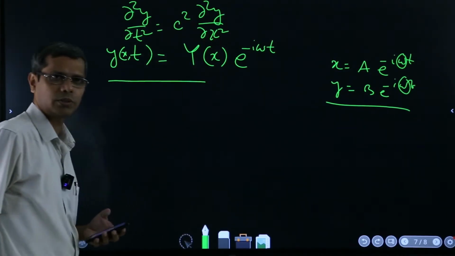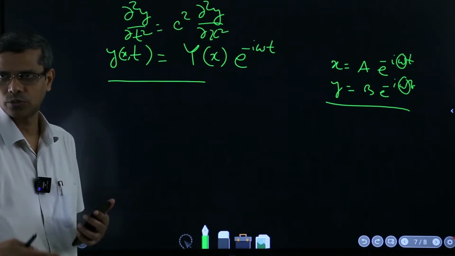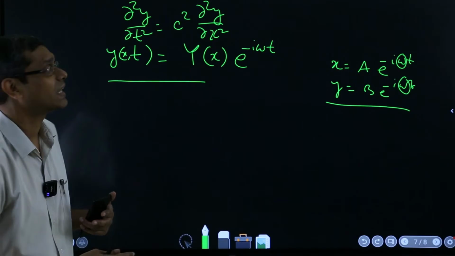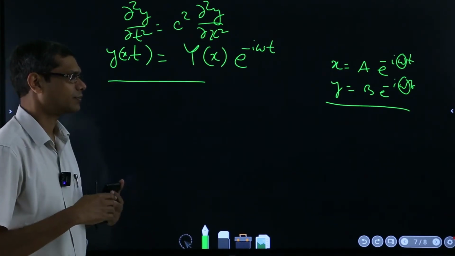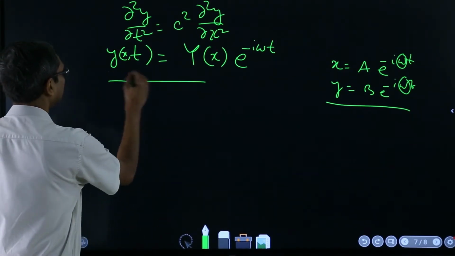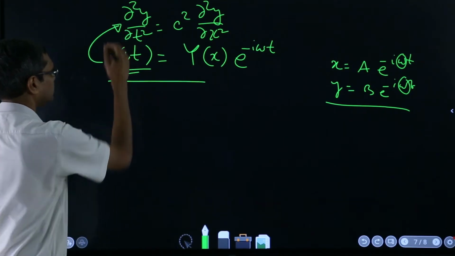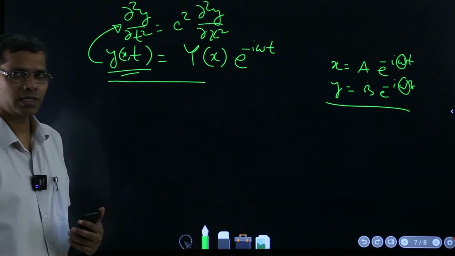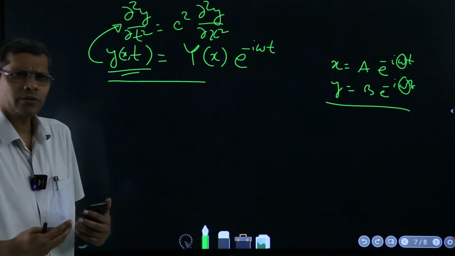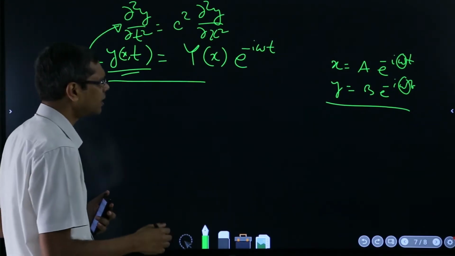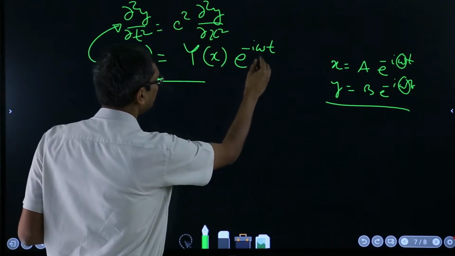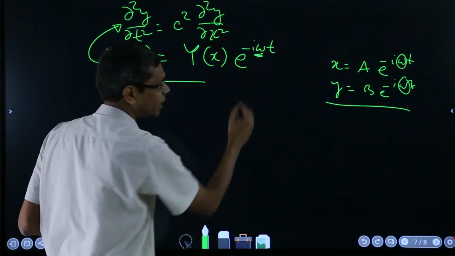We are wishing that this will satisfy the wave equation, and we are imposing the condition, or looking for the possibility, that there are some shapes which will move with the same omega.